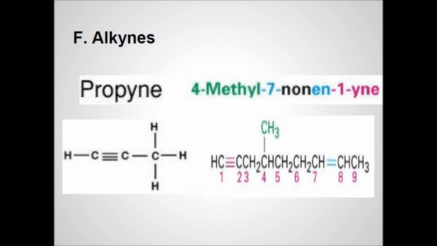Then draw a triple bond between the first and second carbons. For the next one, draw 9 carbons and connect 1 methyl on the fourth carbon. There must be a triple bond and a double bond together because it is enyne and 9. There's a triple bond between the first and second carbons and a double bond between the seventh and eighth.